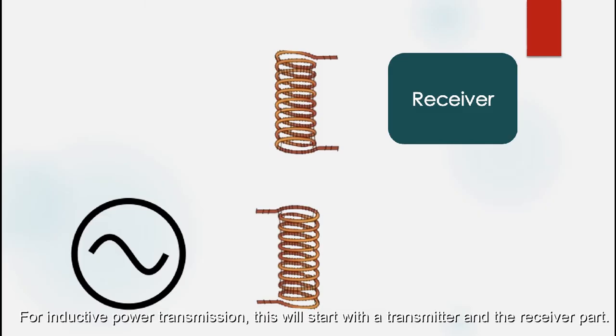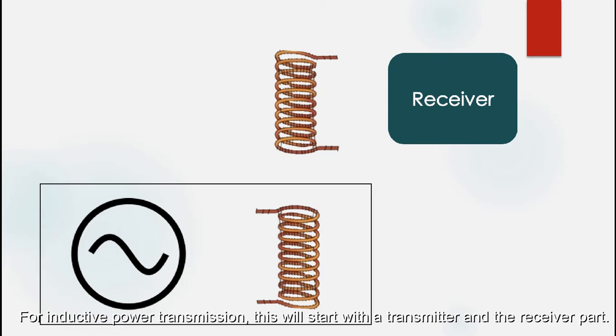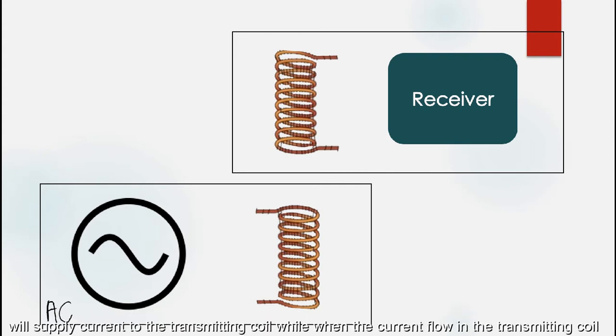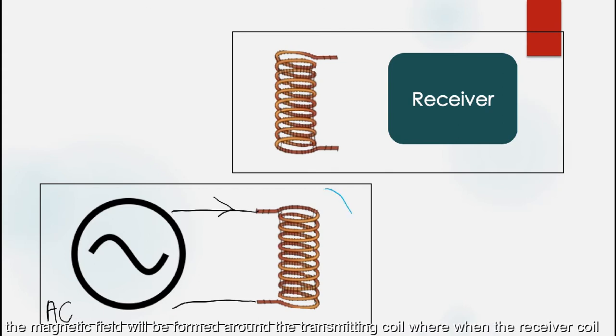Inductive coupling power transmission will start with a transmitter part and also the receiver part. At the transmitter part, you will need an AC source. The AC source will supply current to the transmitting coil, and when the current flows in the transmitting coil, a magnetic field will be formed around the transmitting coil.